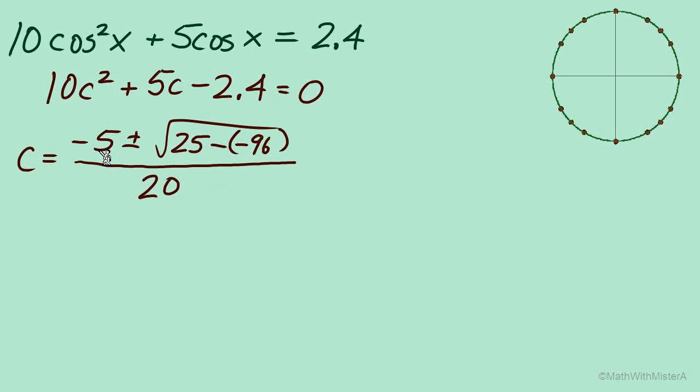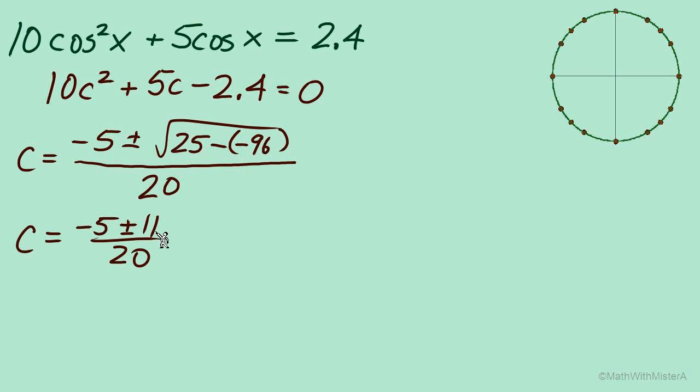Here's plugging into negative b plus or minus the square root of b squared minus 4 times a times c, which gives me this negative 96, all over 2a, 2 times 10 is 20. Here's where we see some things that could be simplified. 25 minus negative 96 is actually 121. Square root of 121 is 11.